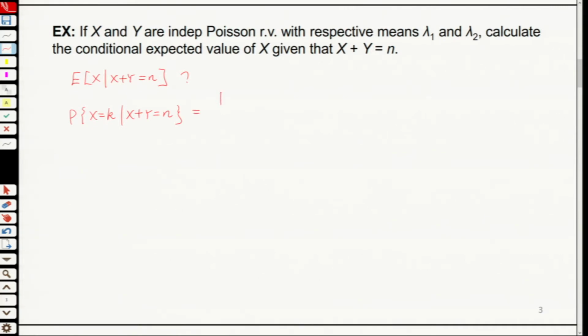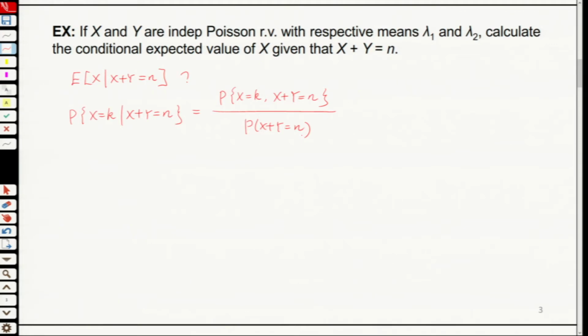This will become the probability that x equals k and x plus y equals n, divided by the probability that x plus y equals n. So far it's okay, right? This is the definition of conditional probability.